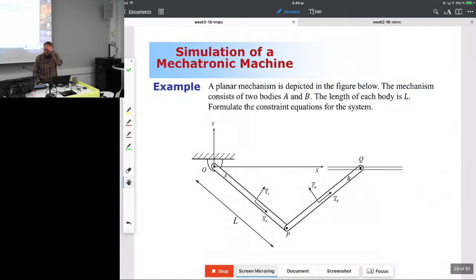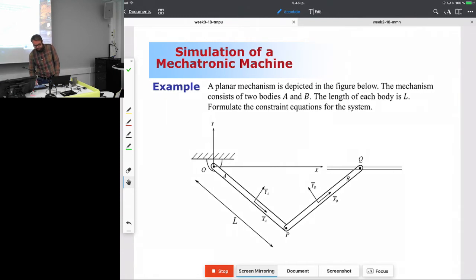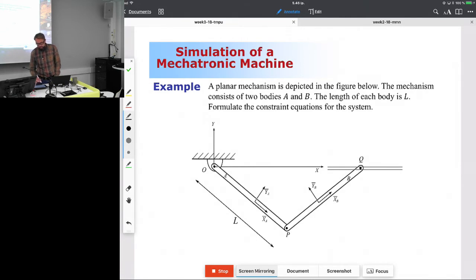Then let's practice this. So I have two bodies that can move with respect to each other. There is a body A and body B, and they are constrained in such a way that body A is constrained to ground via a revolute joint, and then bodies A and B are constrained together via a revolute joint at point P, and then here at point Q I have a primitive joint.